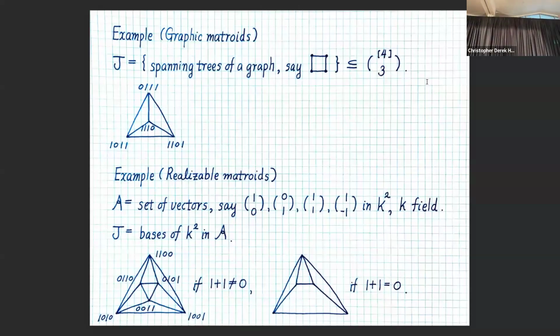And if you have a set of vectors in a vector space, for example these 4 vectors in K^2 for K a field, and collect all the bases of K^2 contained in this collection, then you get the so-called realizable matroid. So for these 4 vectors, you get either the octahedron as the polytope, or a one-vertex deletion of it, depending on the characteristic of K, because the notion of linear independence depends on what your K is.